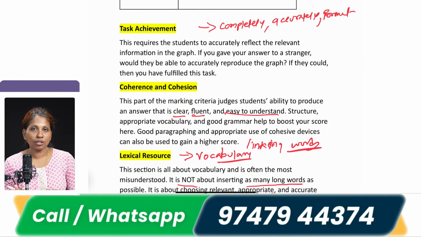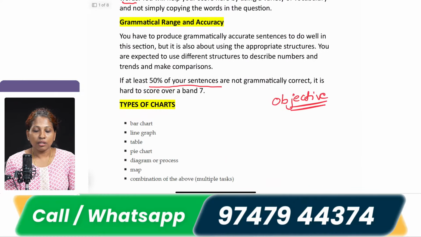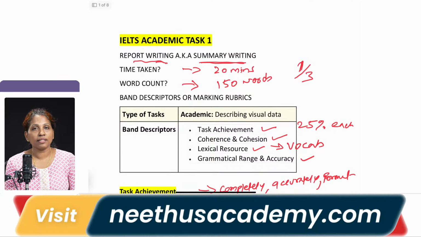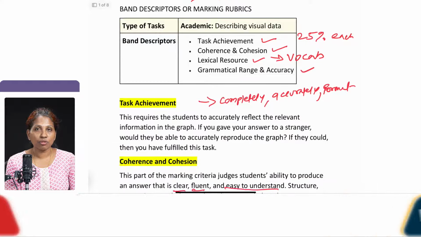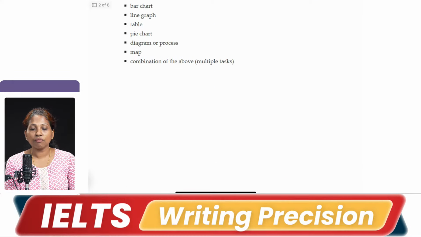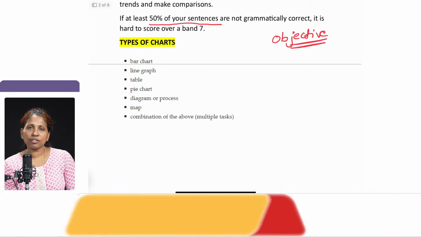Okay, these are your band descriptors. So these are the basic things about writing task 1 for academic, which is the report. Now, what are these reports? Like I told you, they are questions which come in visual form. The question is actually divided into 3 parts.